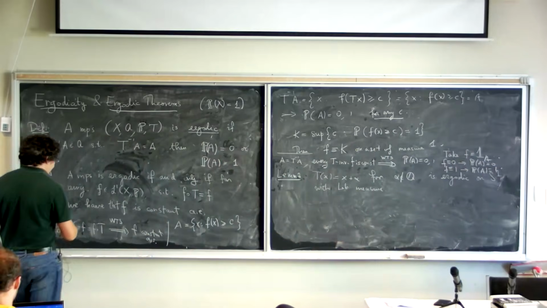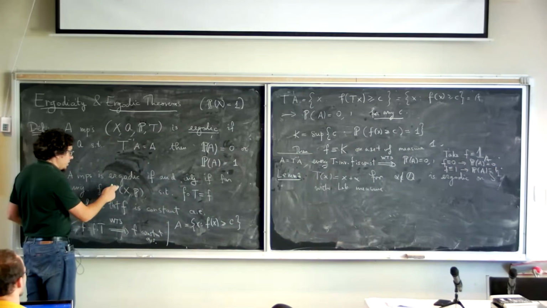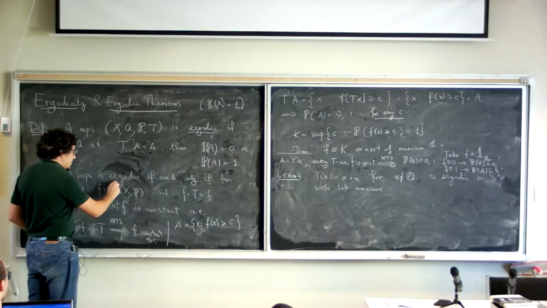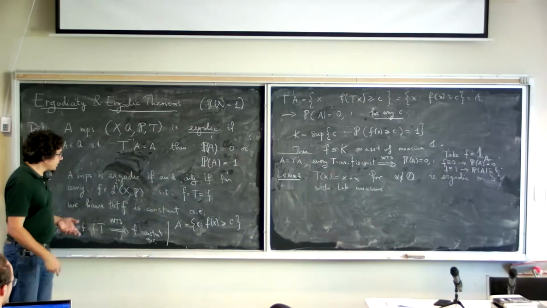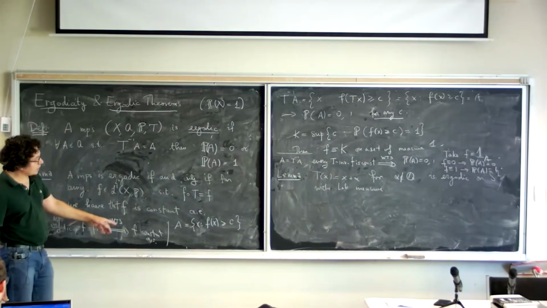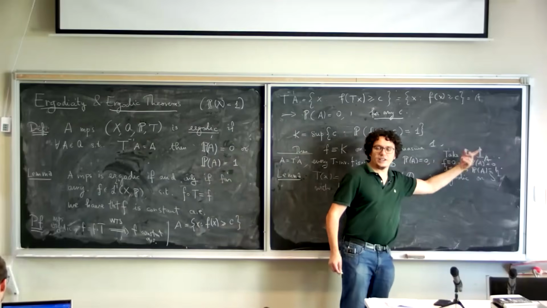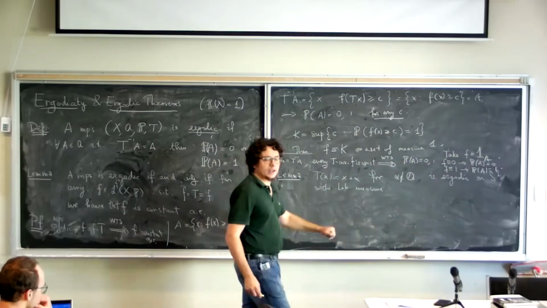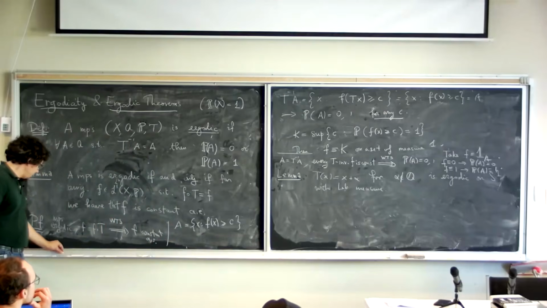Also, let's look at the fact that L1 here is not really necessary. We could also replace it with L2, or even just measurable. The issue is just that we want these characteristic functions to be inside this class of functions that we're looking at.